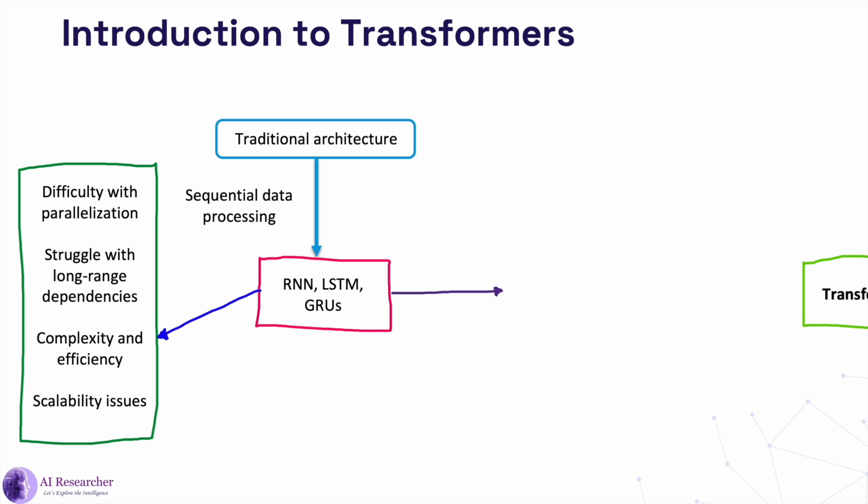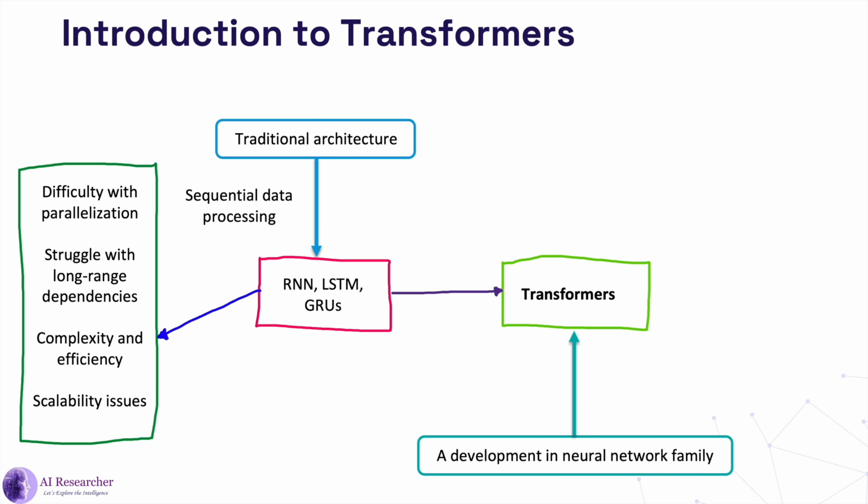What is a transformer? A transformer is a type of neural network architecture that has become fundamental in the field of deep learning, as we know. It particularly handles tasks in natural language processing. We can say it is a revolutionary development in neural networks. The transformer introduces a self-attention mechanism that enables simultaneous, or parallel, data processing.